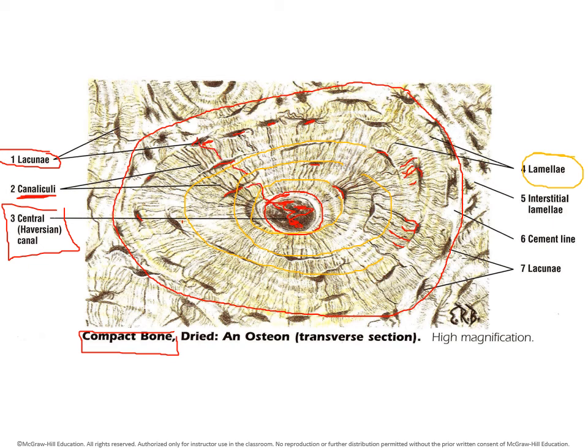And all the waste products can travel the other way. Once again, using the canaliculi, the waste products can travel over to the haversian canal where they can be disposed of. So that is how all the little rings, the lacunae, and the osteocytes are able to maintain and communicate with the central canal, because that, of course, is where all your blood vessels are located.